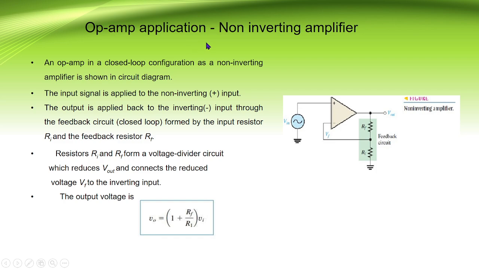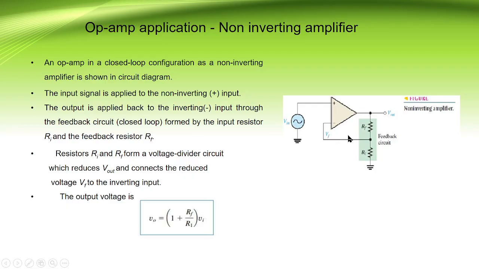Next application for an operational amplifier is a non-inverting amplifier. It is a closed loop configuration as shown in the circuit diagram. The input signal will be applied to the non-inverting input terminal, and the output is fed back to the inverting input terminal through a feedback resistance Rf, and resistors Ri and Rf form a voltage divider circuit which will reduce the output voltage, and it connects the reduced feedback voltage to the inverting input.